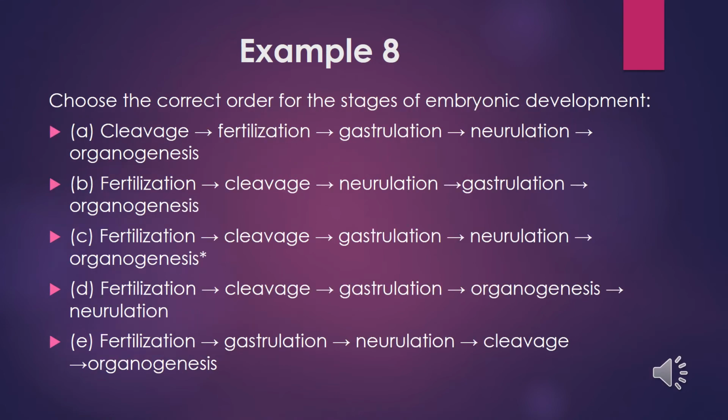Example number 8. Here they ask about embryonic development and the step-by-step order of the stages of embryogenesis. Here you see first fertilization, cleavage, next gastrulation, and after gastrulation, before organogenesis and histogenesis, neurulation. Neurulation is the process of formation of the neural tube and always comes after gastrulation.